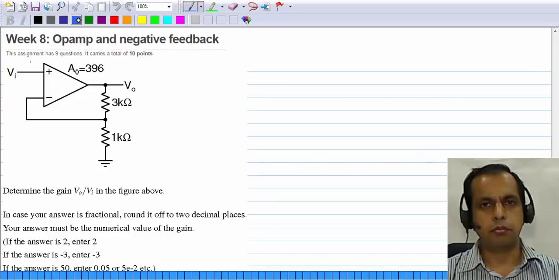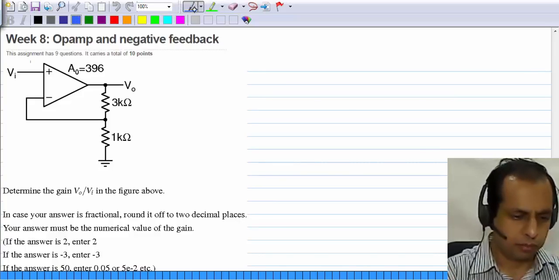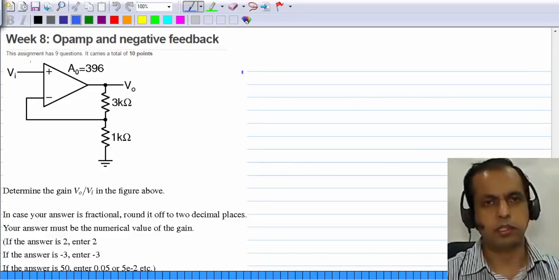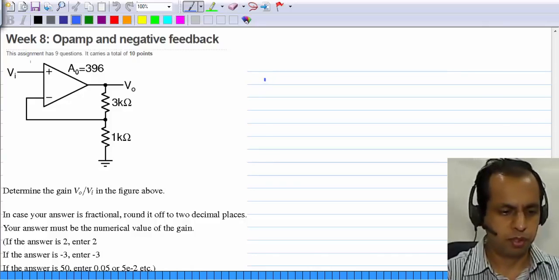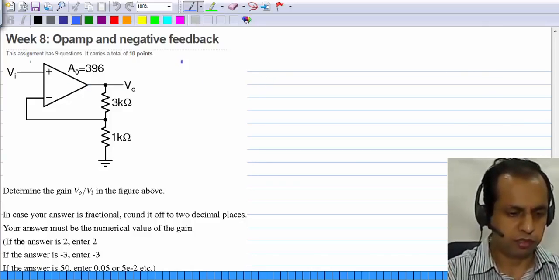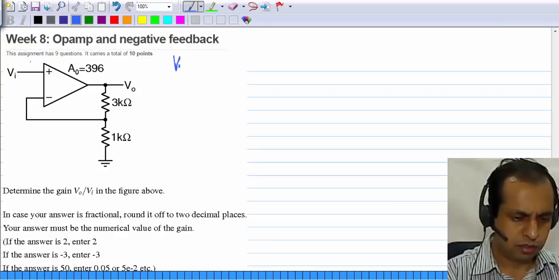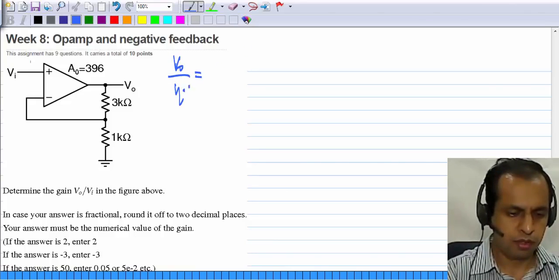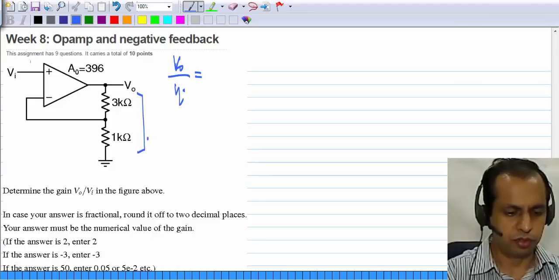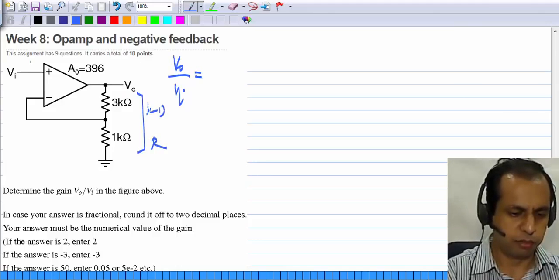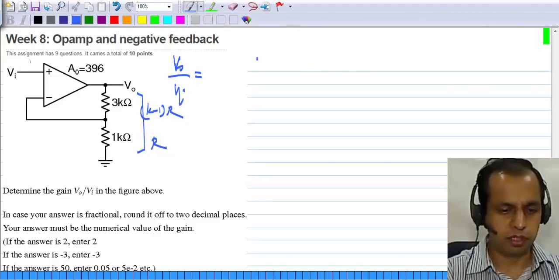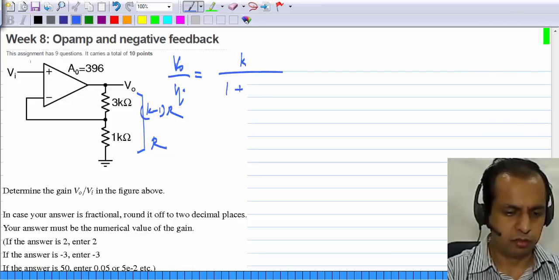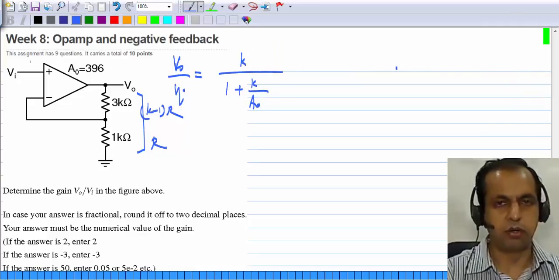Now we'll look at the problems in the 8th assignment. This is a non-inverting amplifier using an op-amp. We already know that the gain V0 by Vi is K, which is 4. If this is R and this is K minus 1 R, then the gain would be K divided by 1 plus K by A0.